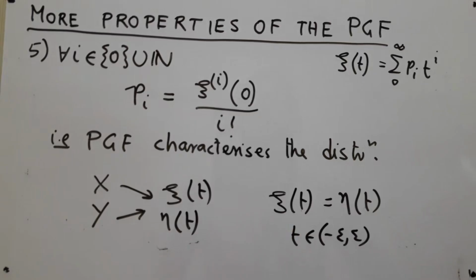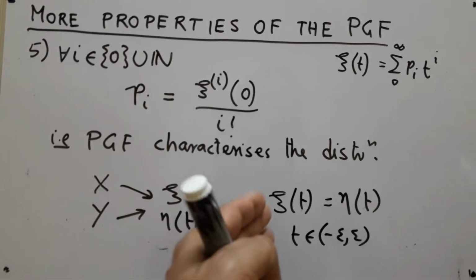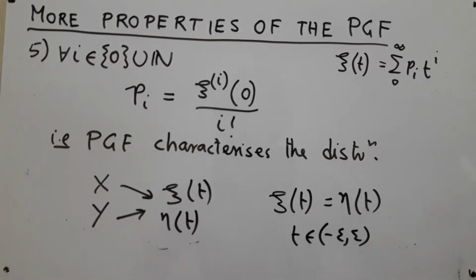Immediately I can say that both of them must have the same distribution. In particular, xi t must be equal to eta t everywhere that they are defined, and all the pi's are the same for both x and y. So PGF characterizes the distribution. This result holds only for random variables taking non-negative integer values.